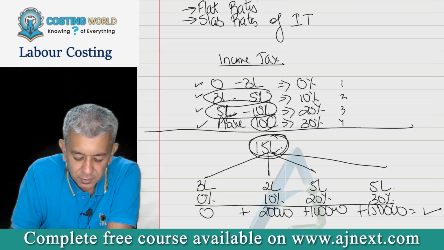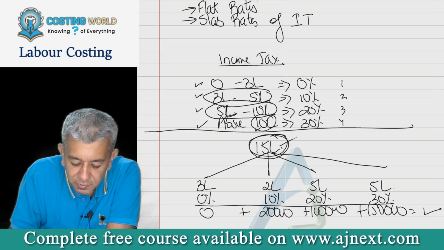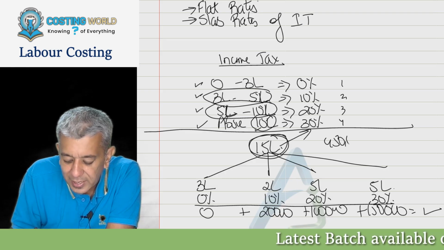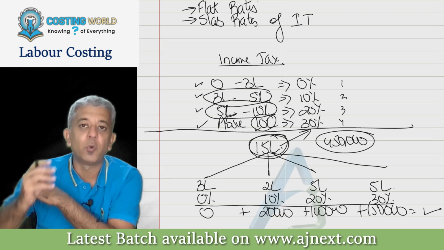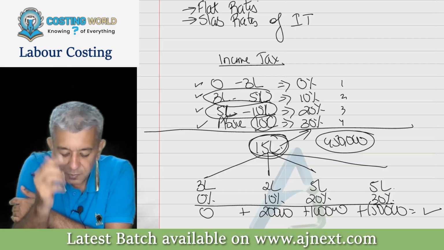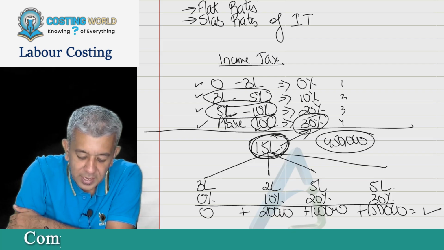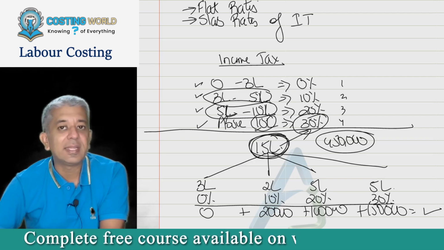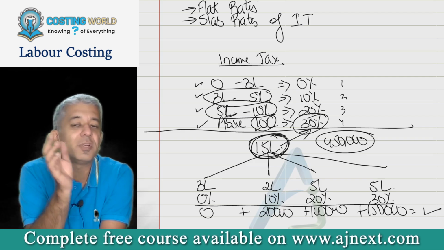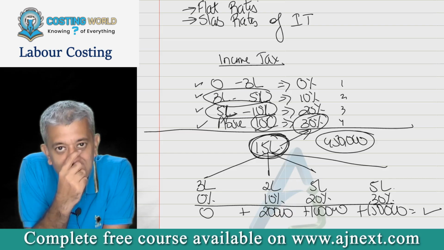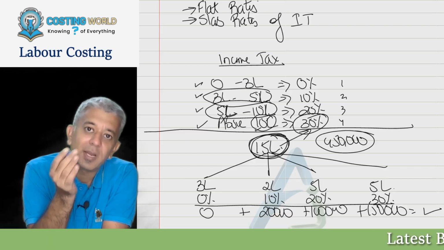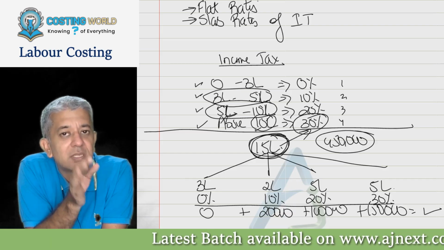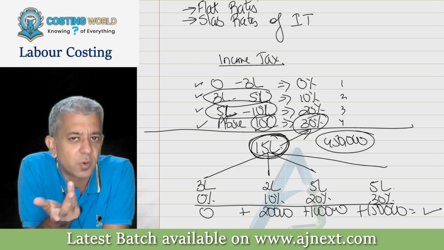It is 15 lakhs, that's above 10 lakhs. 15 lakhs into 30%, directly I will compute income tax as 4,50,000. That is called flat rates. In income tax we have slab rates, but if there were flat rates, this is how we would do things.